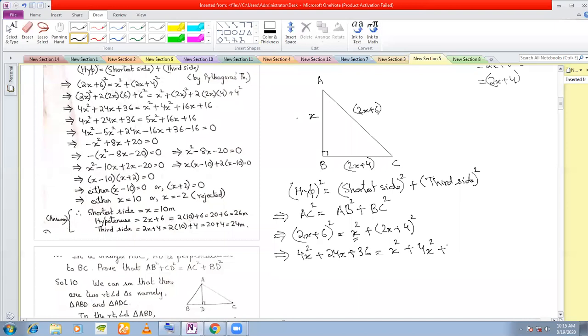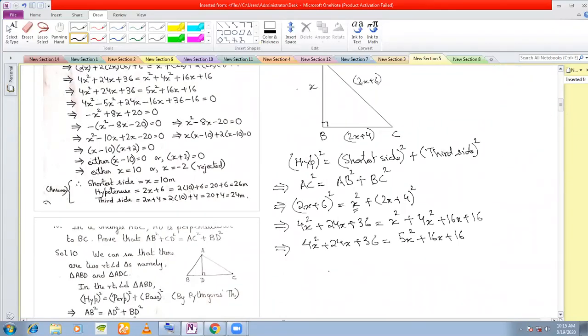So now you take everything to one side, or better, simplify first. 4x square plus 24x plus 36 is equal to 5x square... x square plus 4x square plus 16x plus 16.